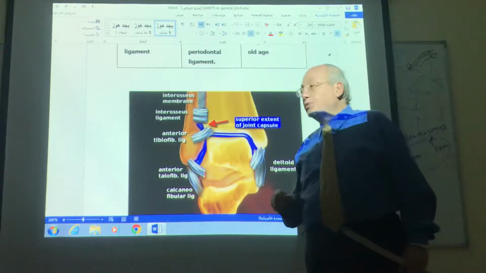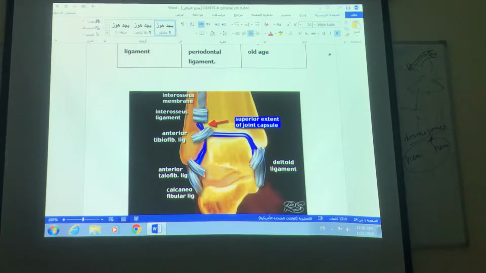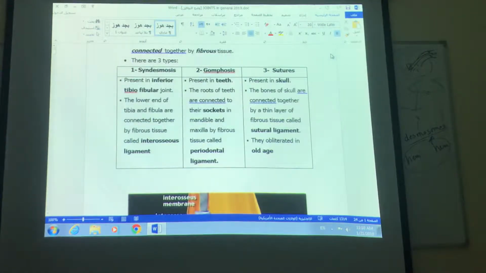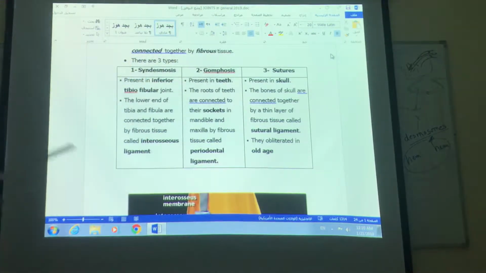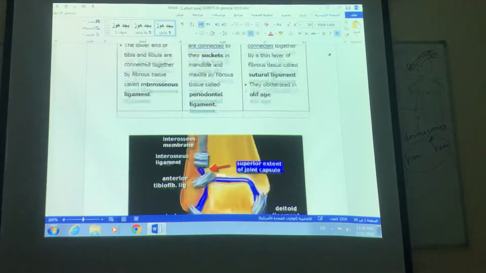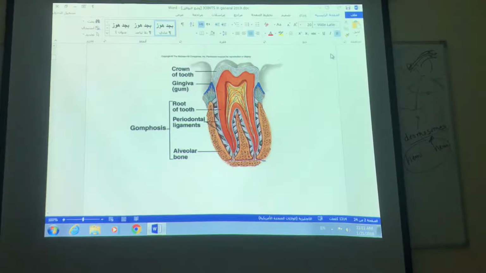The second type of fibrous joint is called gomphosis. What is gomphosis? دي حاجة بقى اللي تهمكم. The teeth.